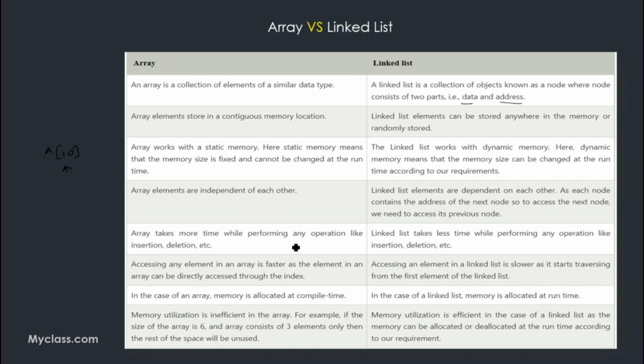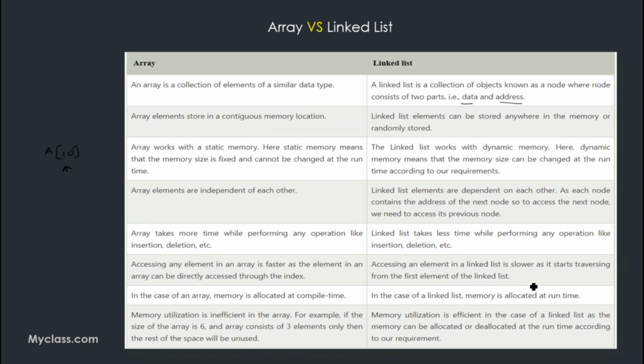An array takes more time while performing operations like insertion and deletion. Compared to a linked list, an array takes more time. A linked list takes less time. Accessing any element in an array is faster, as an element in an array can be directly accessed through its index. The insertion and deletion operations are complex for an array when compared to a linked list, but accessing an element is easy when compared to a linked list, because we can access it very easily, like A of 1, with the index value.